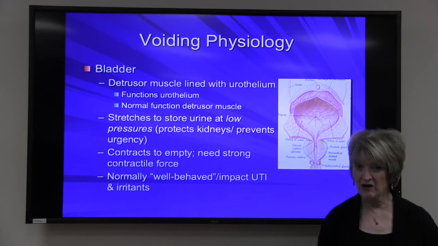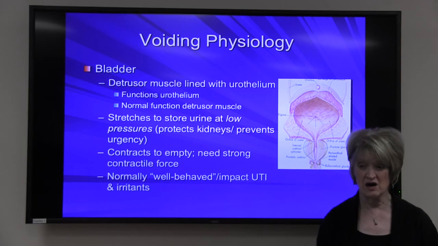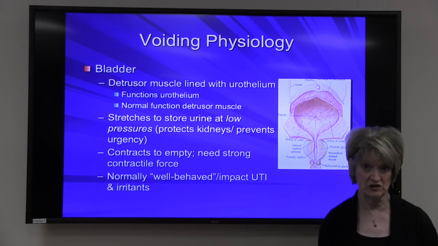But if the bladder is inflamed, either because of infection, because of an indwelling catheter, a large balloon, impaction, then it behaves totally differently. Most of you have had a urinary tract infection.